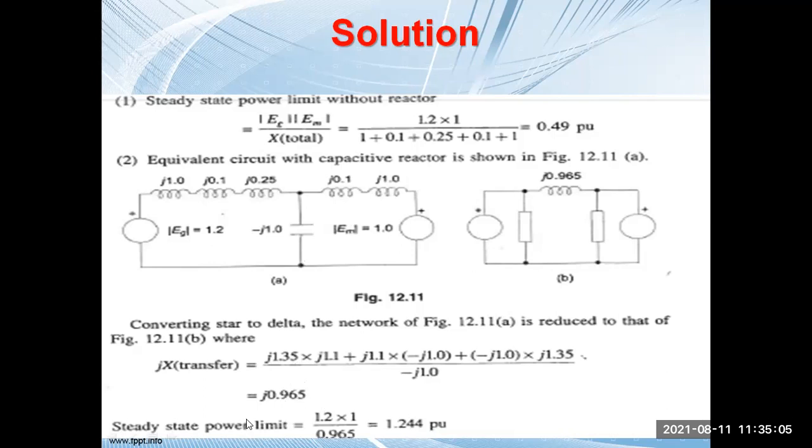So the steady state power limit will be this particular voltage into this voltage, that is EV by X. So E is this one, V is this one, and X is the net reactance, because the reactance between this generator and motor is J0.965. So it is 0.965, that is 1.244.